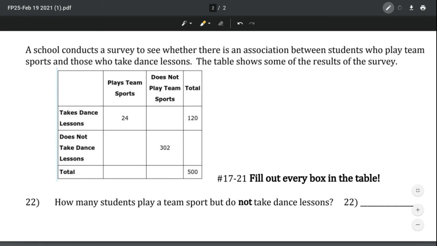When you look at this intersection right here, the intersection of those who play team sports and take dance lessons, there's 24. Now, we know that the total number of people that take dance lessons is 120 right here, right? So I want to know how to find this box.